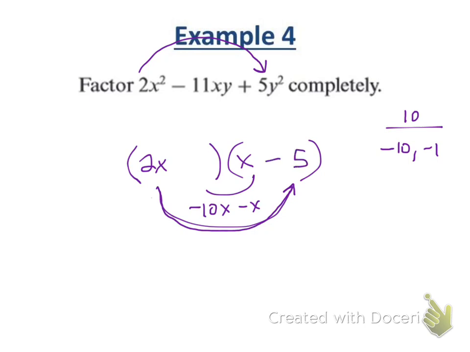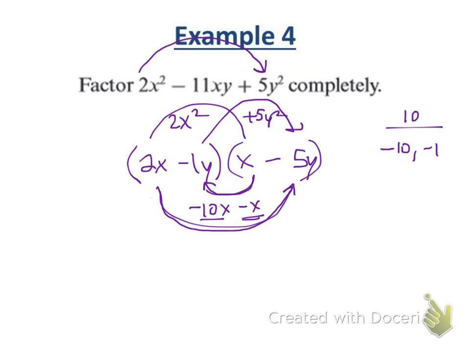Negative 5. That'll give us the negative 10x. And then x times negative 1 will give us the negative x. And then we just throw the y in there as icing on the cake. Yes, you could just say negative y. Now, that's 2x squared, and let's do this final check. That would give us plus 5y squared, so we're in good shape.